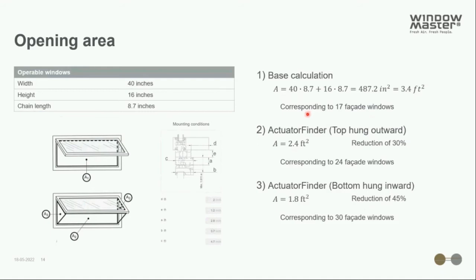So we will have made a lot of good calculations before based on the CIBSE AM10 method, but because we calculate the opening area wrong, it will end up as, you can say, an under-dimensioned design.